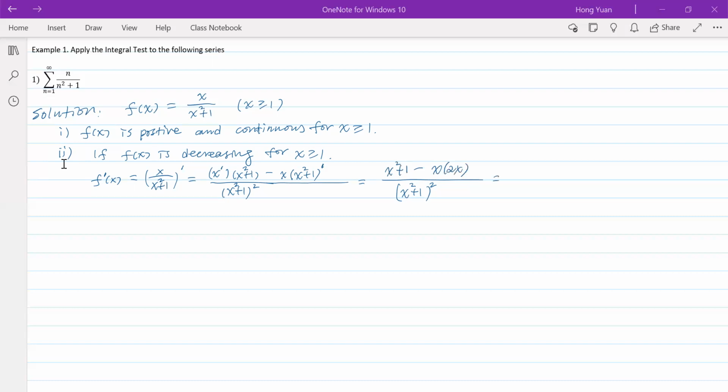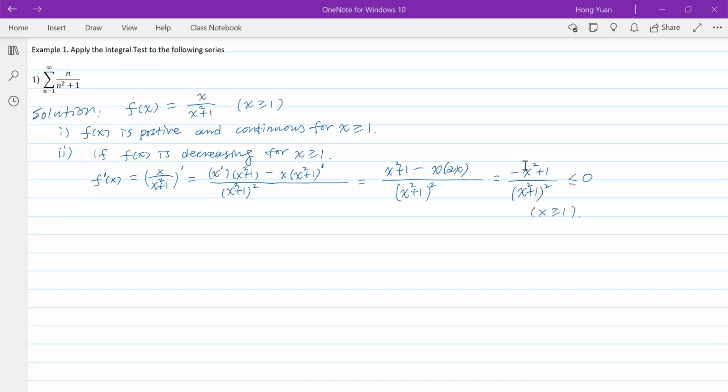So the top is negative x squared plus 1, divided by the square of x squared plus 1. So of course it is less than 0. Why? Because the denominator is positive, and for x greater than or equal to 1 the top is negative. So this is less than or equal to 0 for all x greater than or equal to 1.